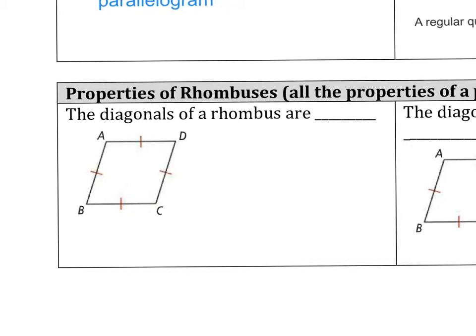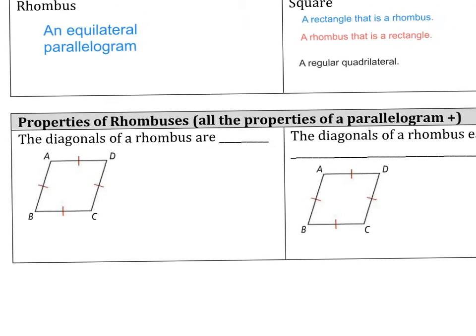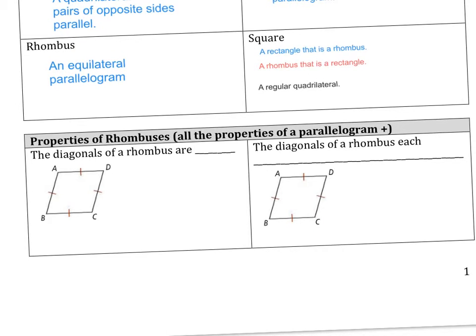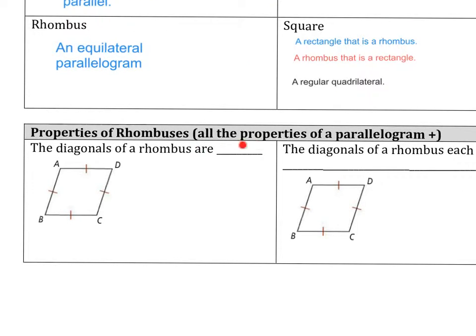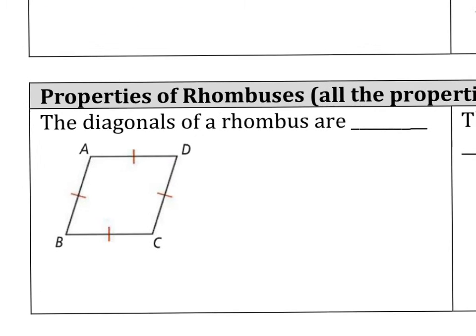So let's see. Here are two additional properties of rhombuses, or rhombi, if you want to be all Latin. By the way, every other property above applies too. Everything we talked about for parallelograms previously is also true here. But more specifically, the diagonals of a rhombus are perpendicular.